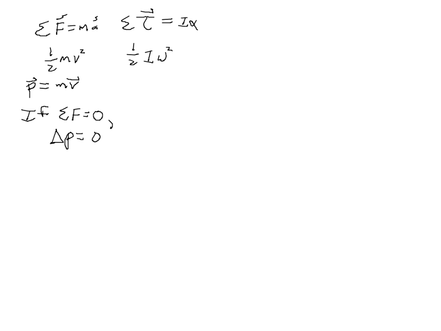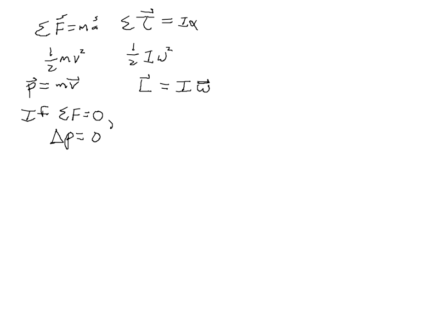Well, there's a rotational analog to momentum. We call it angular momentum, and we give it the symbol capital L. It is equal to I, which plays the role of mass in rotation, times omega, which plays the role of velocity in rotation.